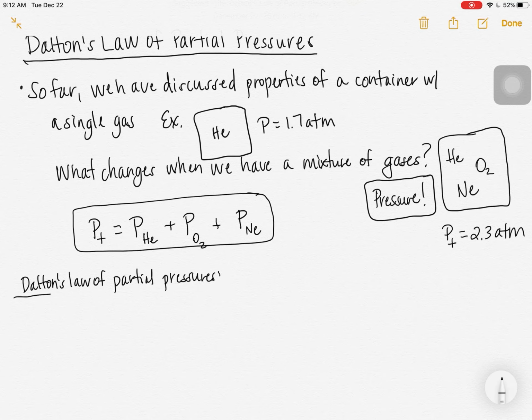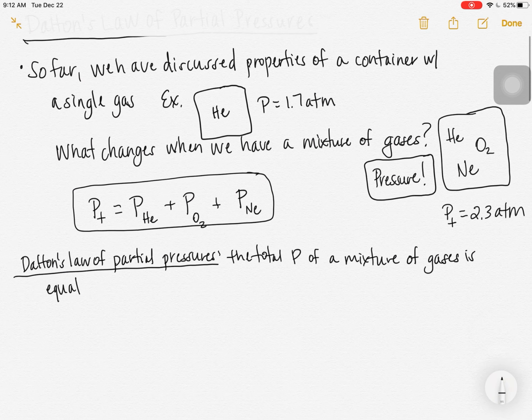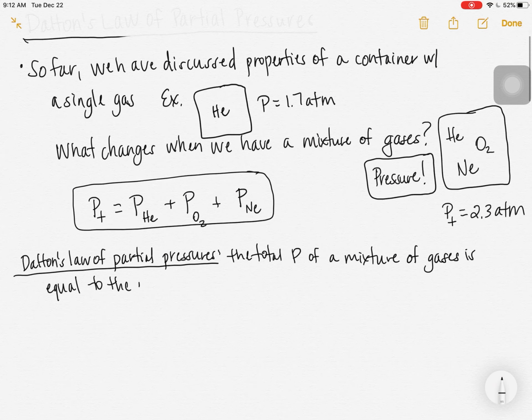Dalton said that the total pressure, I'm just going to abbreviate it P total, the total pressure of a mixture of gases is equal to the sum of the partial pressures of the gases in the container.